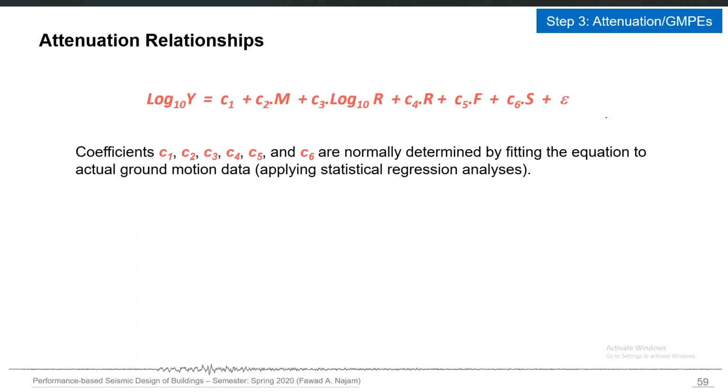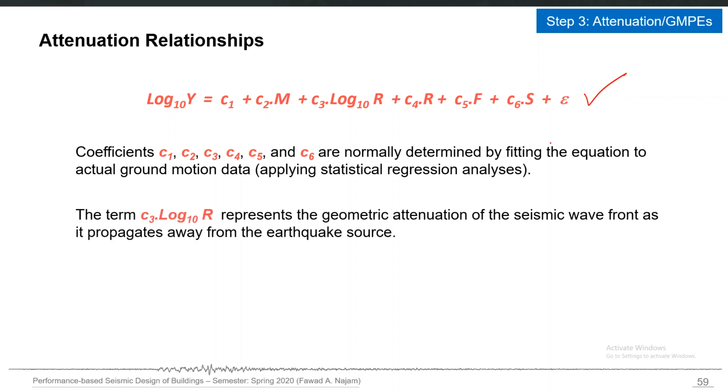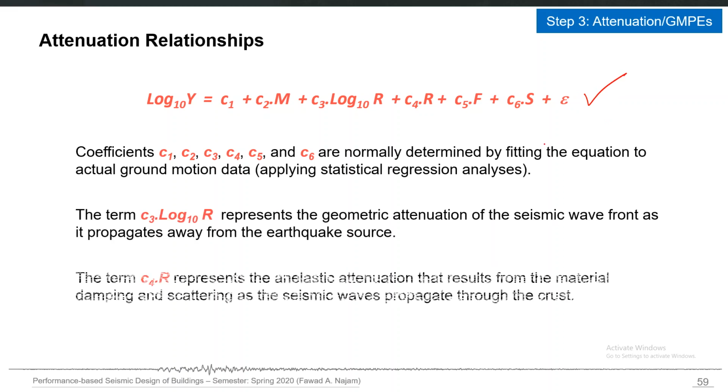So now this is how the attenuation relationship looks. The coefficients C1, C2 up to C6 are normally determined by fitting the equation to the actual ground motion data. By applying statistical regression analysis, you can come up with the best fit C1 up to C6 coefficients. This term represents the geometric attenuation of the seismic wave front as it propagates away from the earthquake source.